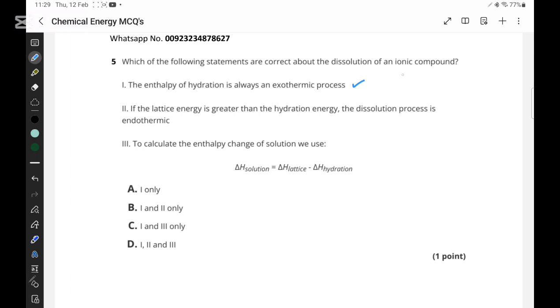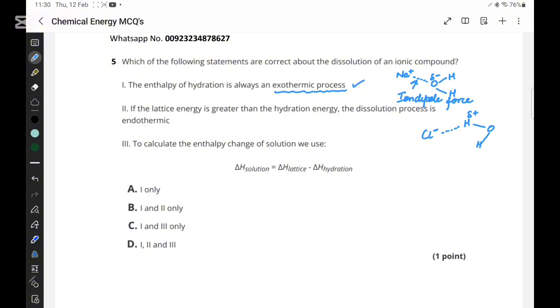Because in hydration, Na positive develops a force of attraction with water molecules, where oxygen has a partial negative charge, so they develop an ion-dipole force. Similarly, the chloride ion develops a force of attraction with hydrogen, which has a partial positive charge, so that is also an ion-dipole force. As the force of attraction develops, this is going to be an exothermic process.